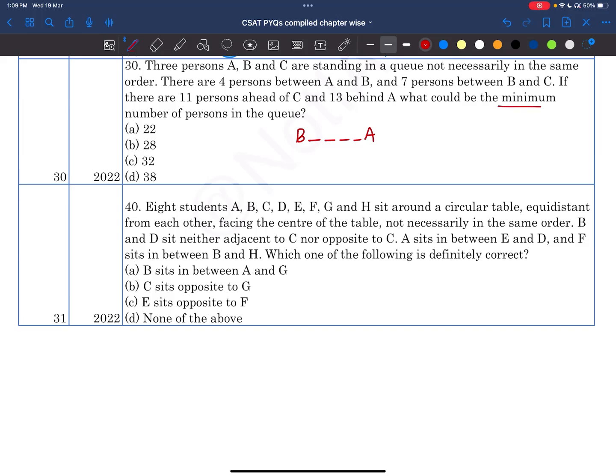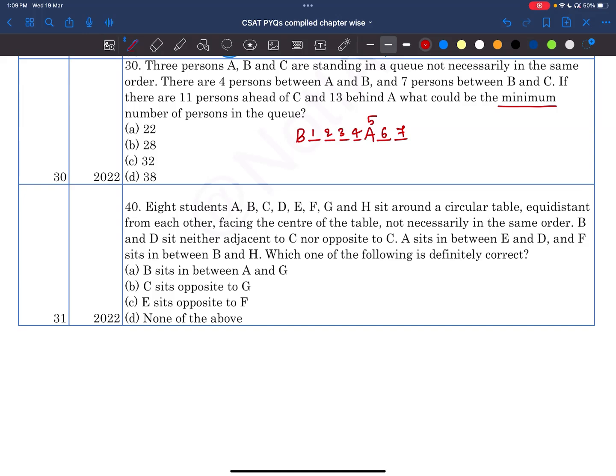He's asking for the minimum number of people. So if I take it here, B, unnecessarily we'll add that many people. So let's take, he's asking for minimum, right? Already 1, 2, 3, 4, 4 people are here. A will be 5th here, and then 6, 7.